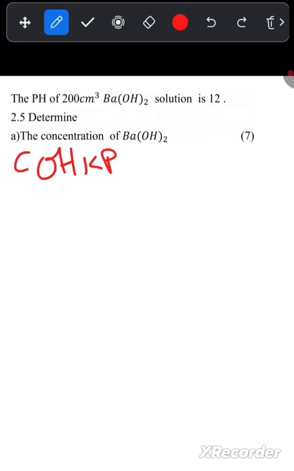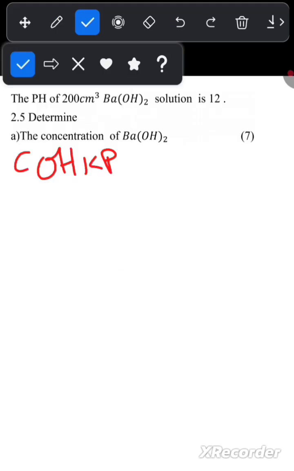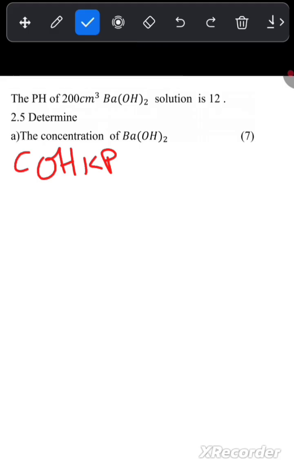Now, what do we have? We already have the pH, and then we are going to use the pH formula. That's where we start.